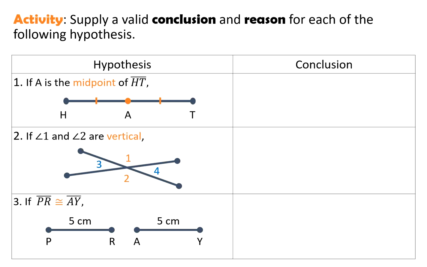If A is the midpoint of line segment HT, ano kaya yung pwede nating maging conclusion? Look at the figure, then check nyo. Okay, so our conclusion would be, then, line segment HA is congruent to line segment TA. That is true.